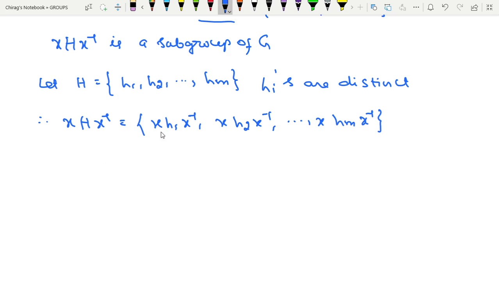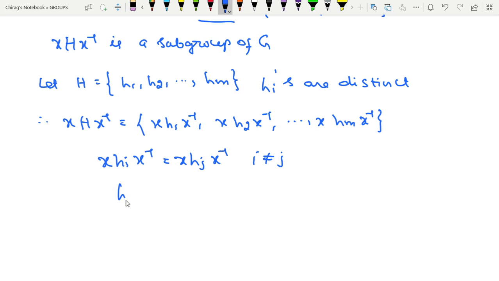Now we show that these elements are also distinct. For otherwise, suppose xhix⁻¹ is equal to xhjx⁻¹ with i not equal to j. Suppose two elements are equal. What happens? Now by the right cancellation law we can cancel out x⁻¹, and by the left cancellation law we can cancel out x.